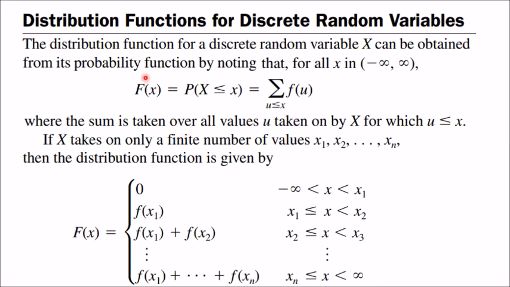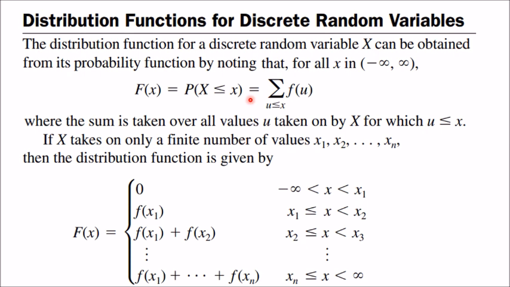Now, what we have, the distribution functions for discrete random variable. Yung kanina, maybe continuous. This one is discrete. The distribution function for a discrete random variable x can be obtained from its probability function by noting that for all x in the range negative infinity to positive infinity, the distribution function is equal to the probability of x equals or less than x.